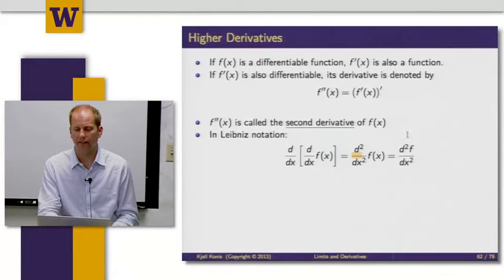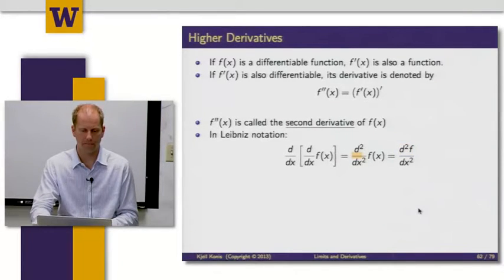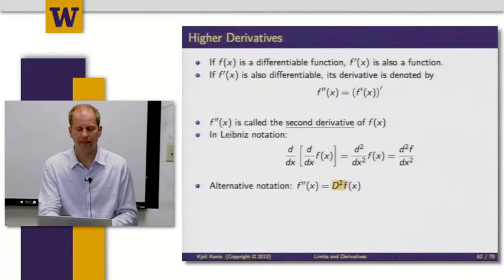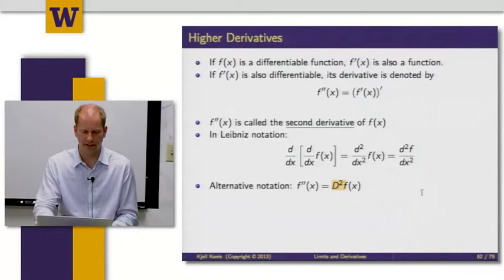I can also use d squared f over dx squared to mean the function that is the second derivative of f of x. Sometimes you'll also see a capital letter D: Df of x would be the first derivative of f of x, and D squared f of x is the second derivative.